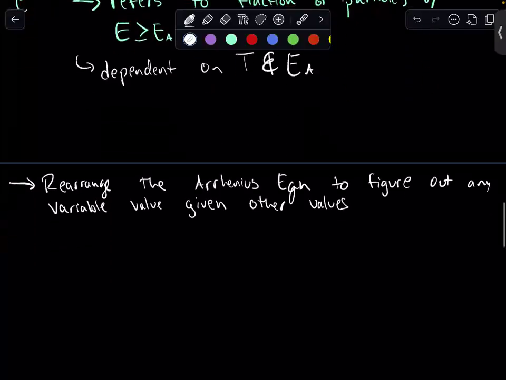As we explore this, we know that R and e are constants, so we don't need to figure those out.